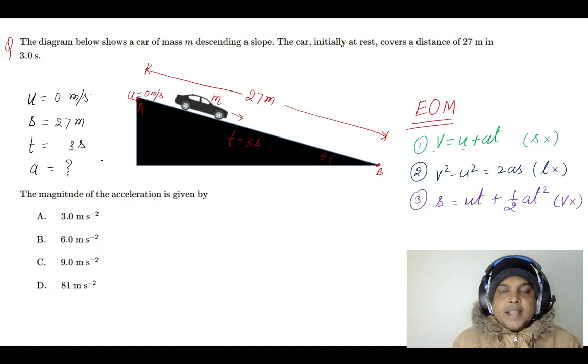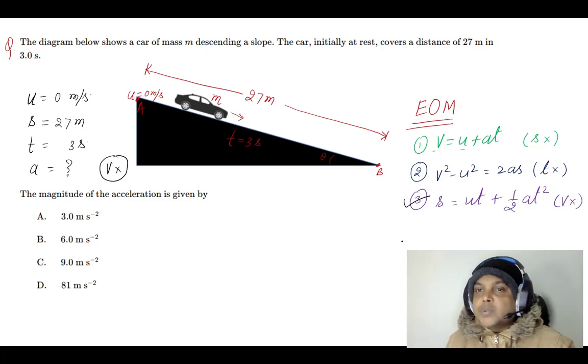So there is no discussion about v, the final velocity. If you remember, which equation can we use? This one.